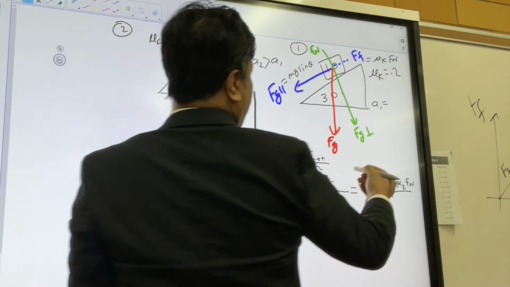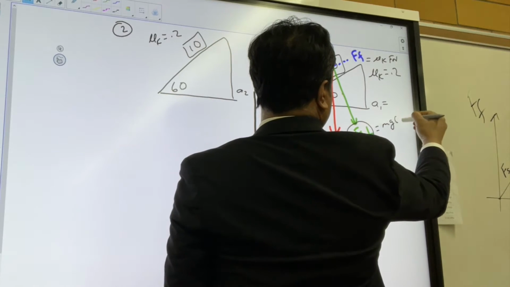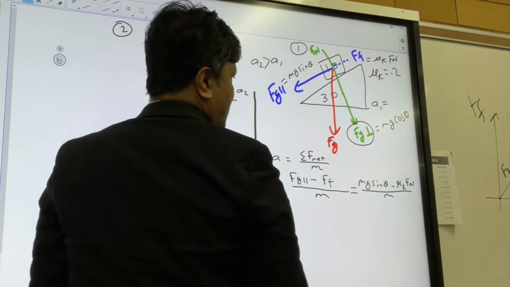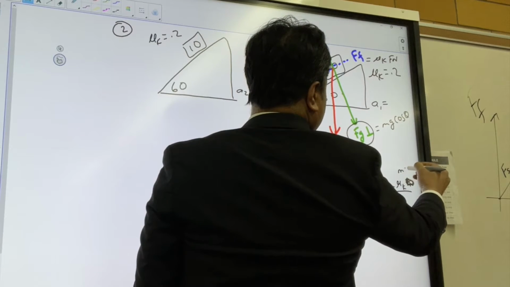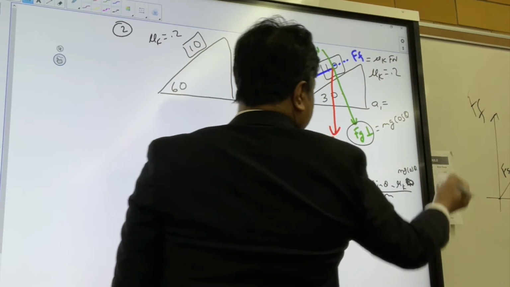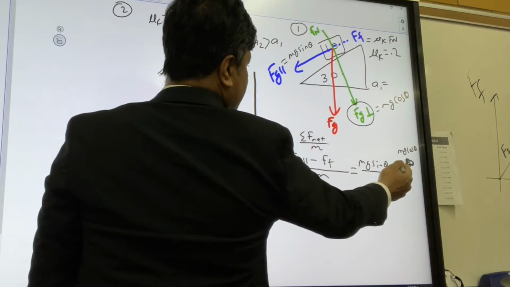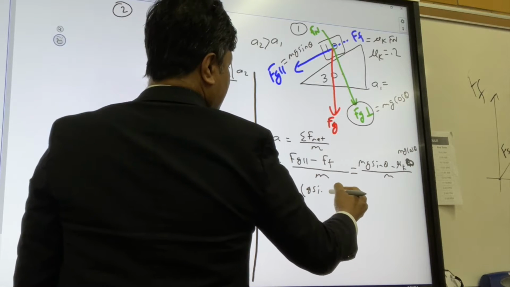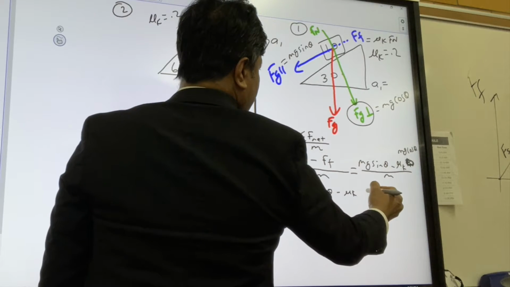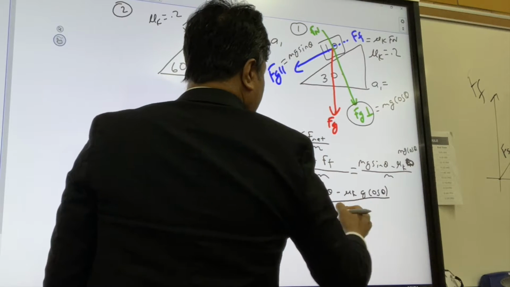You remember, this one is Fn. Fn is mg cosine theta. So Fn can be replaced by mg cosine theta. Okay, so what do you get? Acceleration is mg sine theta minus mu k mg cosine theta over m, so you can factor out m. The m cancels.